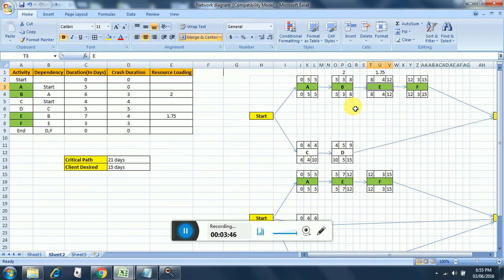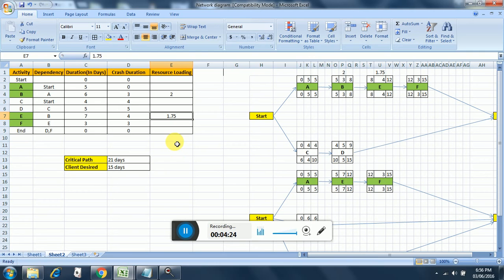This is the way in which we did crashing. In crashing, the main risk involved is that it will cost more, obviously, because here I have presented a resource loading chart, and you can see that for all the other activities no resource increase is there, except activity B and activity E. So resource loading is in this manner: 2 resources here and 1.75 resources over here.